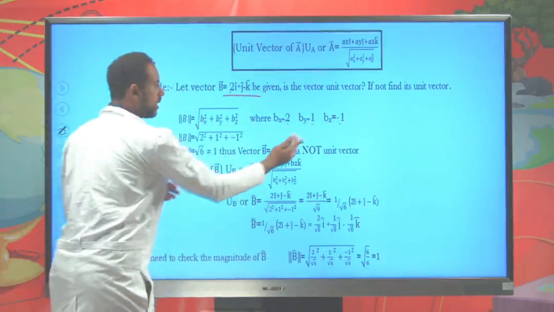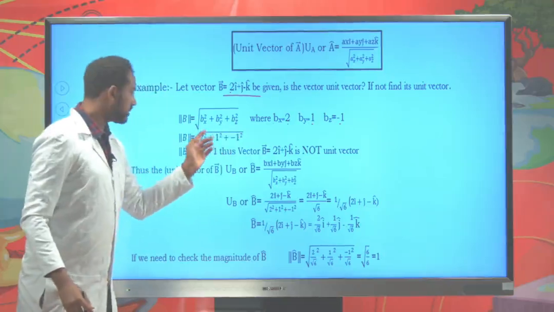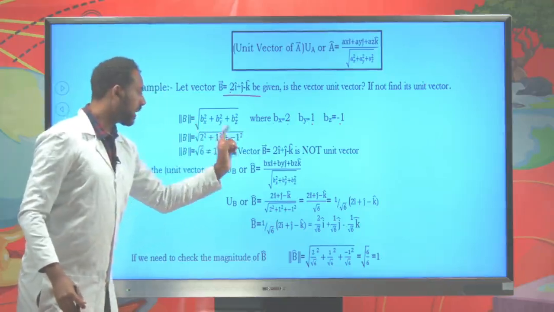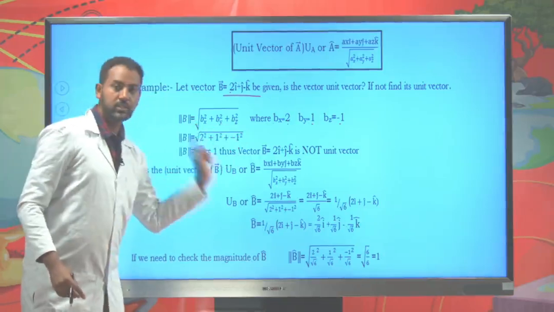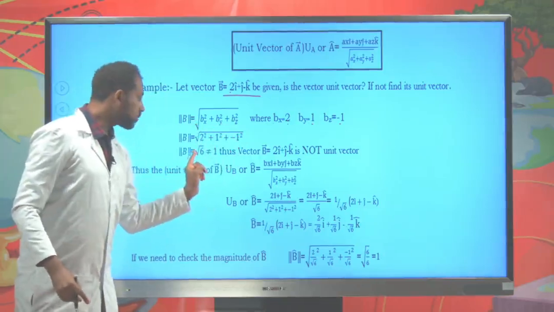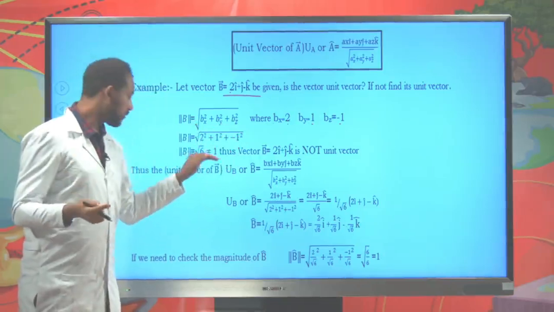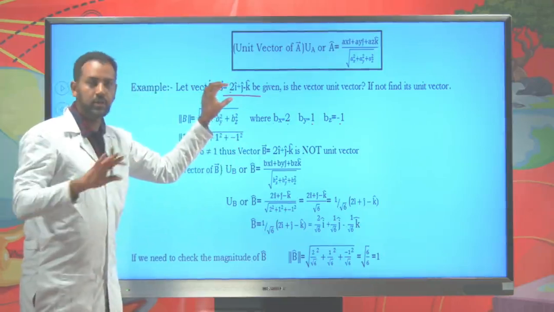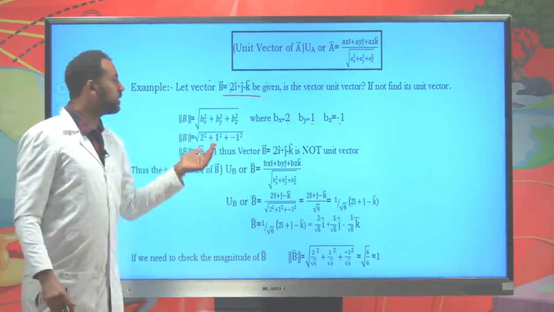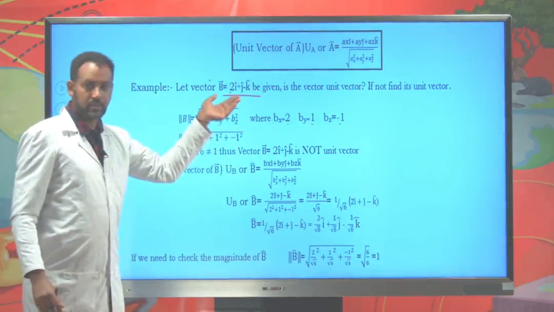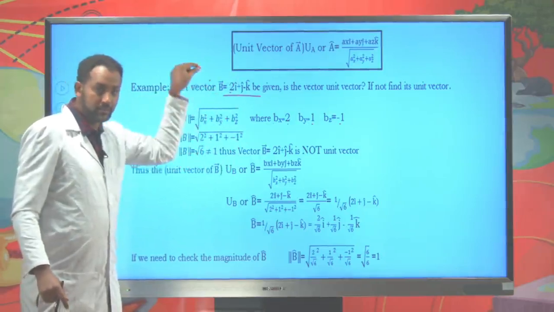If you square all the quantities, 2 squared, 1 squared, and minus 1 squared gives you 6, so root 6. And root 6 is not equal to 1. Therefore, this vector is not a unit vector. Then how do we determine the unit vector of this vector? It's possible to determine it.